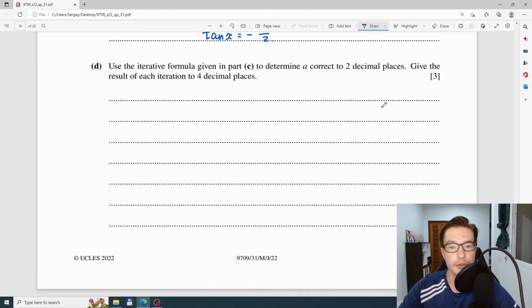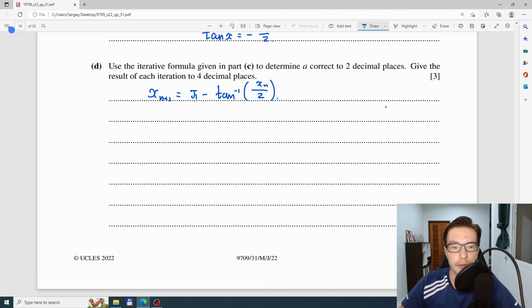Now we have to use the iterative formula given in part C, which is x n plus 1 equals pi minus inverse tangent of xn over 2, in order to find the value of a corrected to two decimal places. Right, so I'm going to use the table.